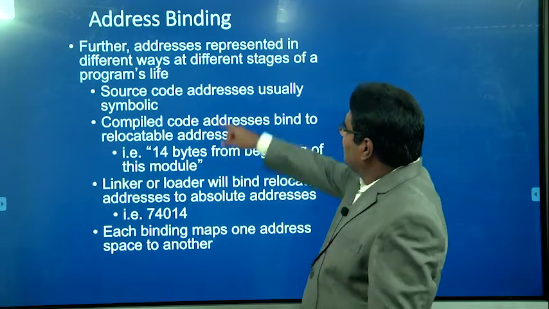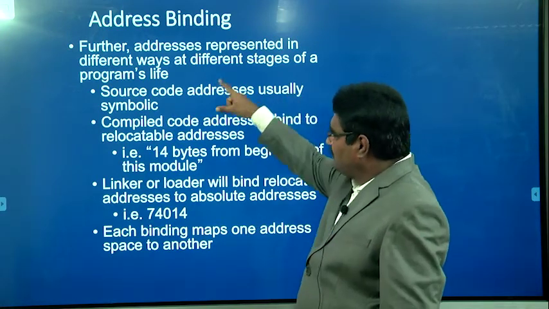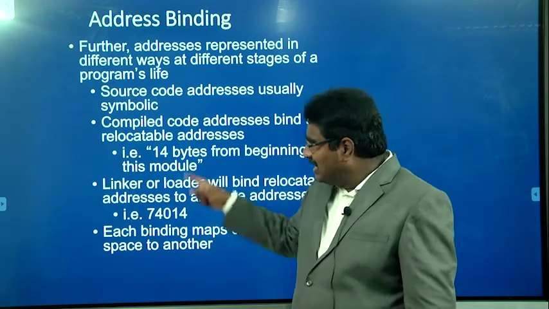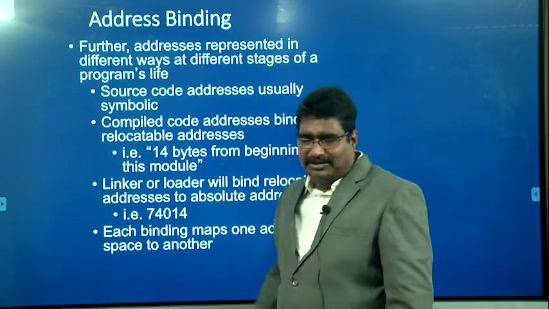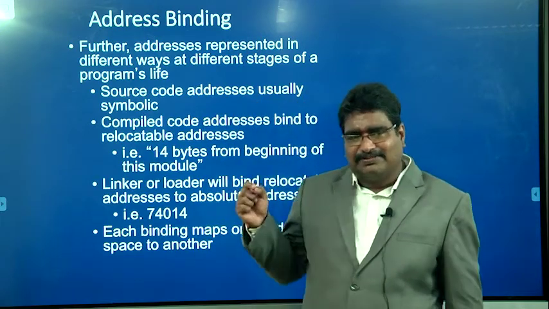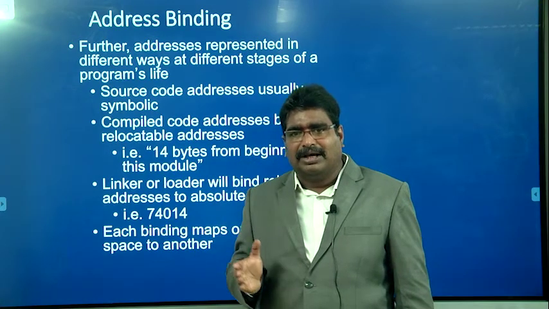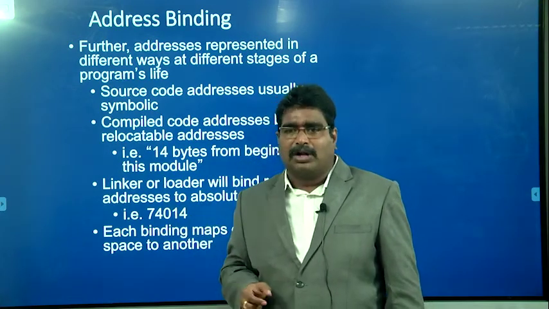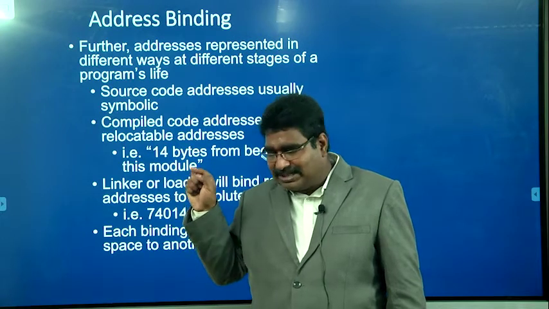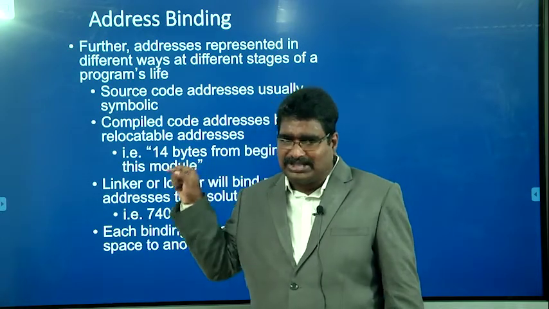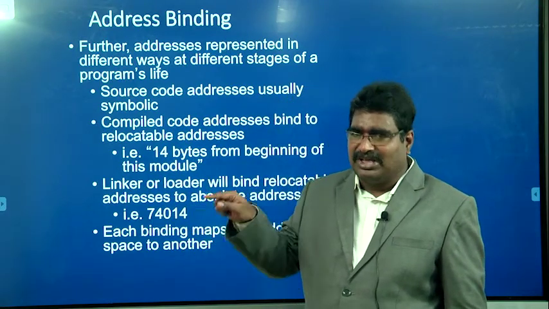And another point is that addresses are represented in different ways at different stages of the program lifecycle. The first one is the source code, where addresses are usually symbolic, that is, we give symbols. For example, in microprocessor programming or Pascal, we simply give symbolic labels, such as an instruction go to X colon, and wherever the control goes, there we write X colon.